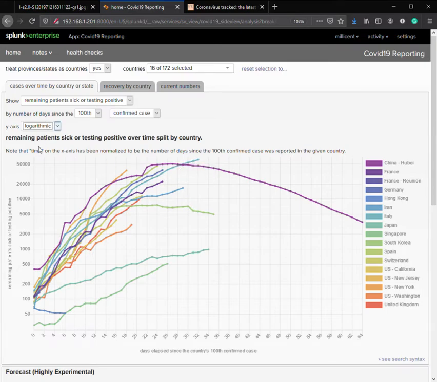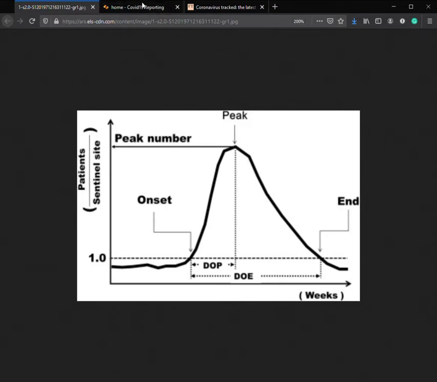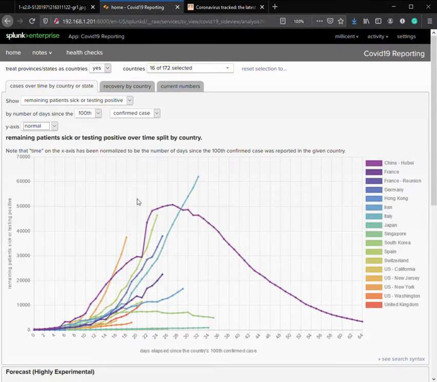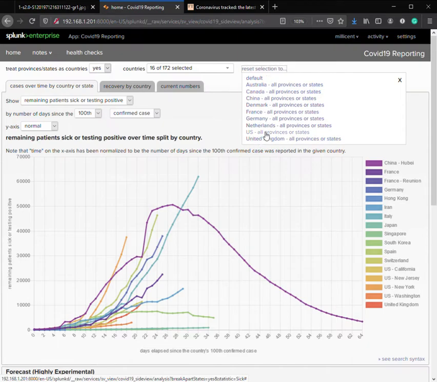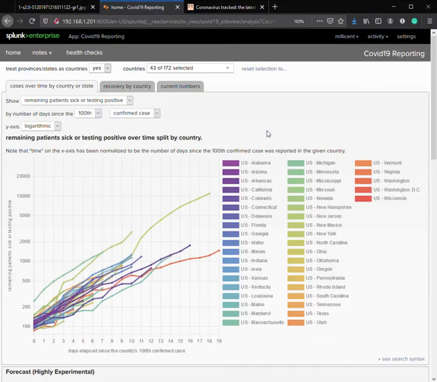If you flip back to the linear axis for a second, Italy is still, well, whatever shapes these are going to trace out, they're going to look pretty similar to this curve, but we can already tell that they're going to be quite a lot larger than the China curve. And the other takeaway from this is that some states are just a few days behind or a week behind.